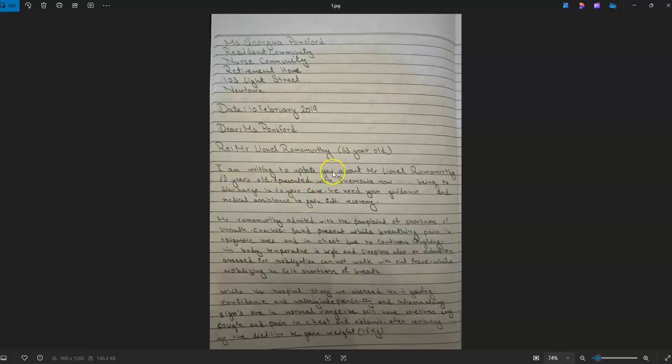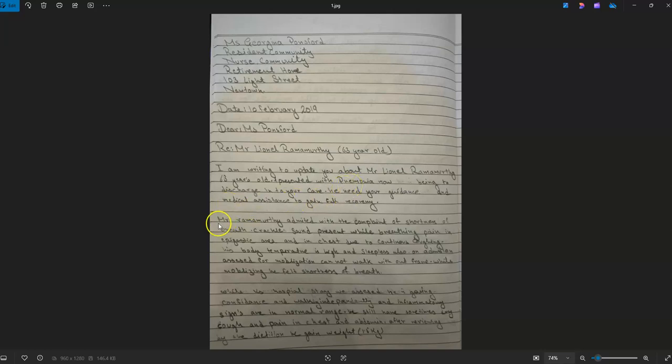So I'm writing to update you about Mr Lionel Ramamurti, 63 years old, or aged 63, who presented with pneumonia and is now being discharged into your care. He needs, third person S, he needs your guidance and medical assistance to gain full recovery.